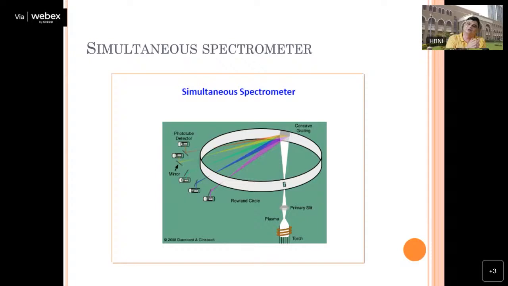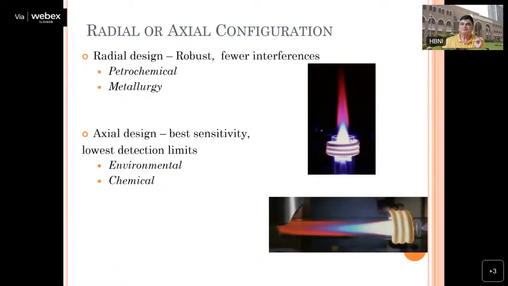If I have to analyze the sixth element, all six elements come at a time to the detectors, then one by one I can do the analysis. It is less time consuming, but of course there is some small loss in terms of sensitivity. All the things come at the same time to the detectors.